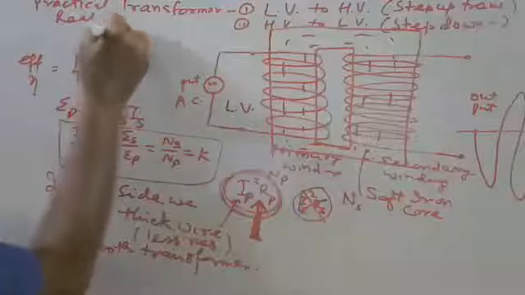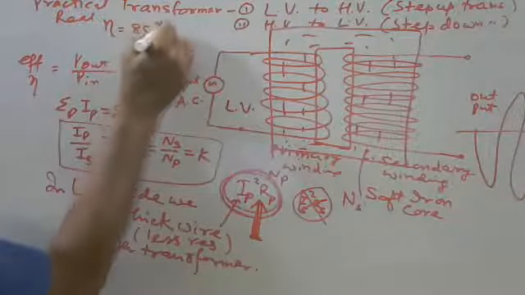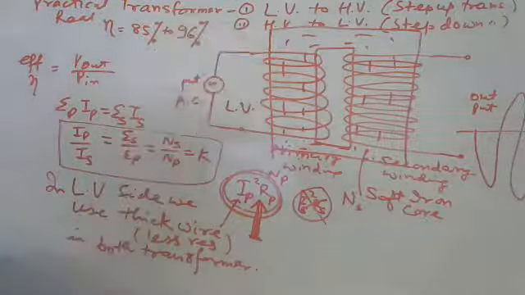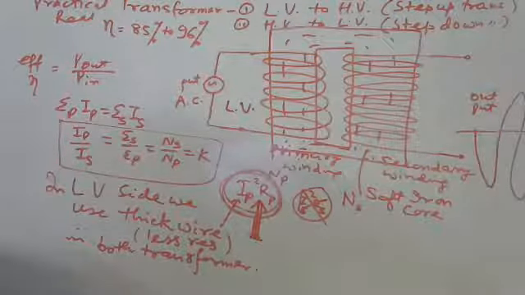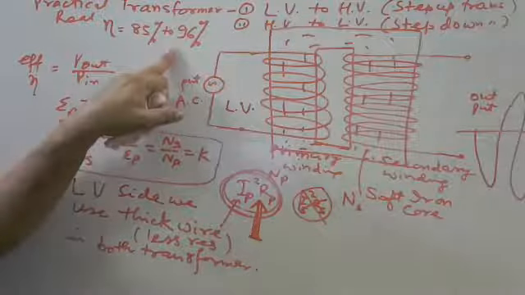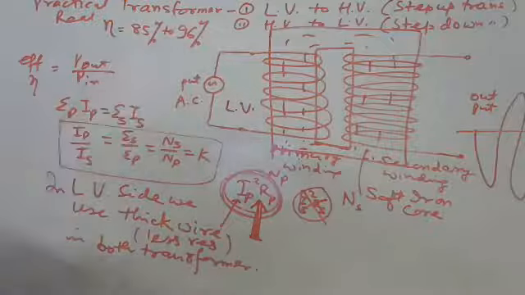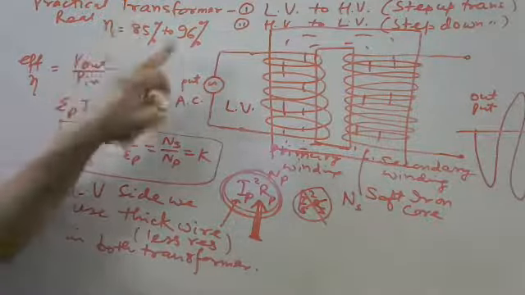Normally this efficiency varies from roughly 85% to 96%. It means that even for the best transformer, where we have taken all care worldwide, efficiency cannot be more than 96%, and this is very good efficiency.